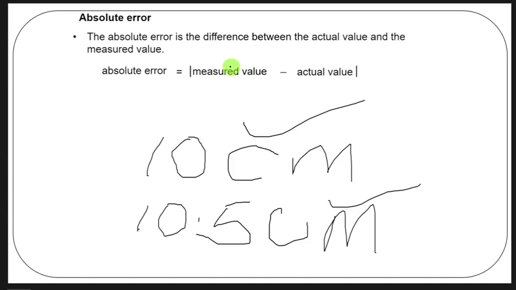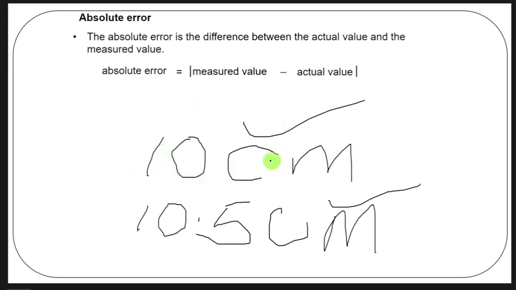Now, a person has done the actual measurement. After they have done it, they are expected to compare that measurement with the true value, which they can never get to 100% because it's hard.